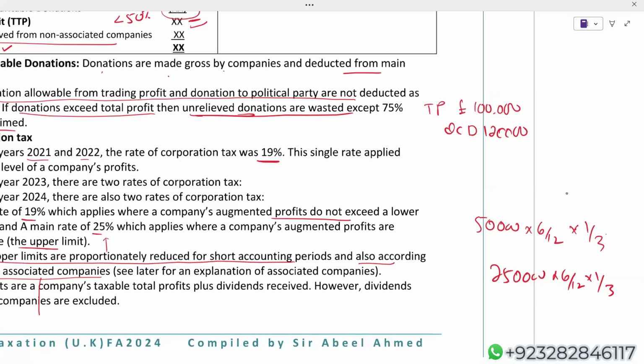There's a possibility during the year the parent has sold a subsidiary. Here, associate means subsidiary. Even if the parent has sold the subsidiary in the year of disposal, you will have to consider that subsidiary as well. While prorating upper and lower limits, if during the year your parent has acquired a new subsidiary, still you will have to consider that one as well.